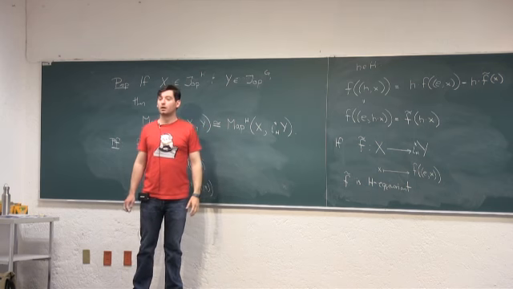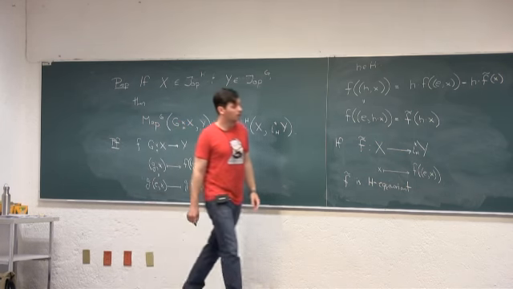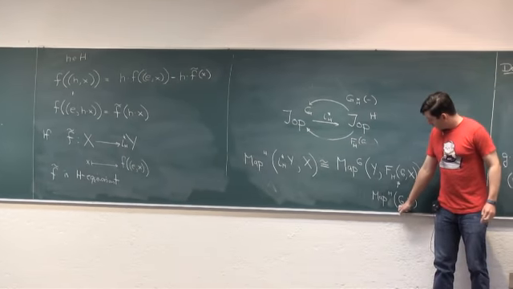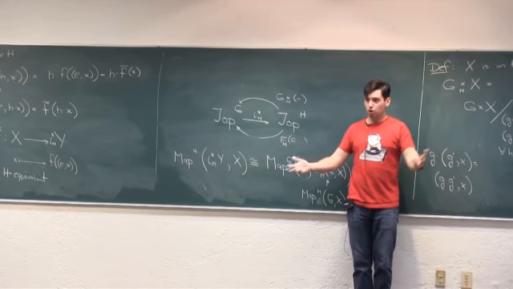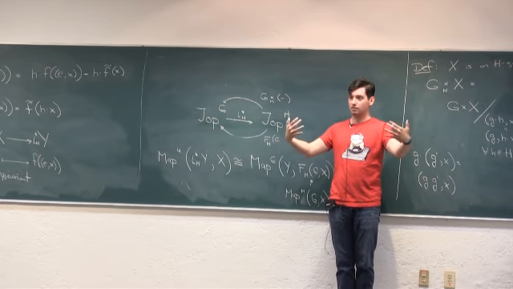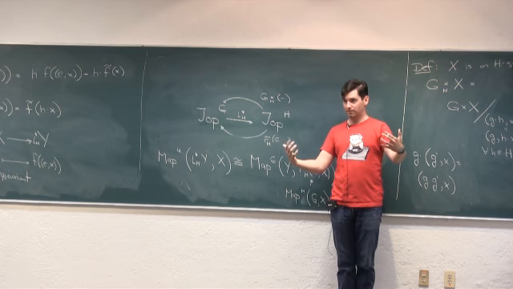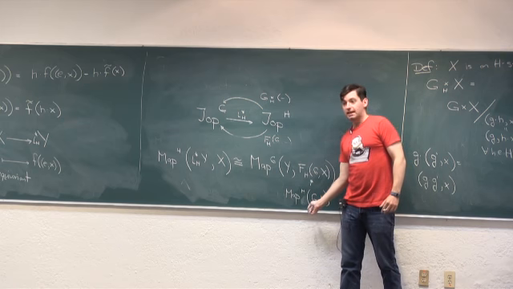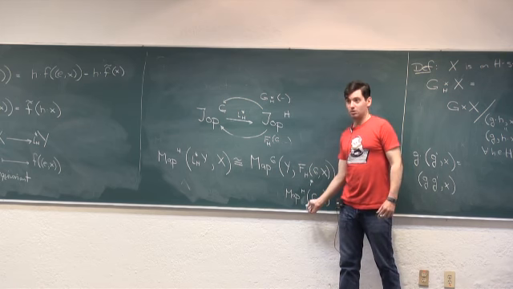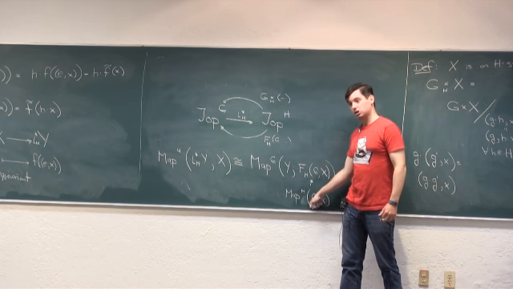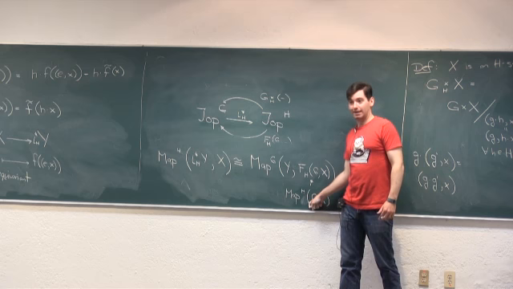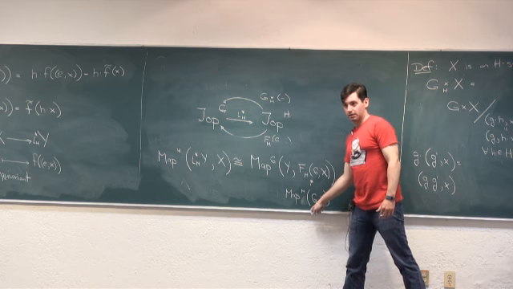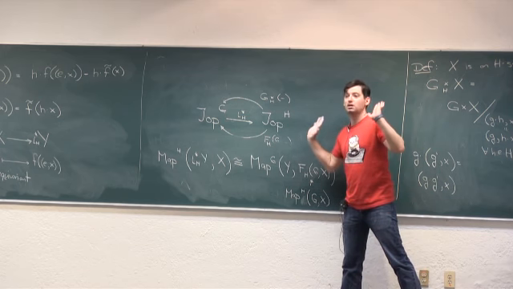Yeah? Say how mapping space is a G space. G has always two possible slots that I can act on itself on. I can either act on the right or on the left. And so in this one, one of those slots is going to be taken up by saying G is an H space. And I'll be doing left H spaces. So the left action of G on itself gives rise to a left action of H on G. But then I still have a right action of G on itself that I haven't done anything to.